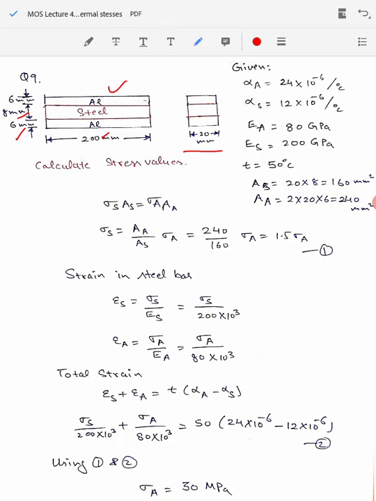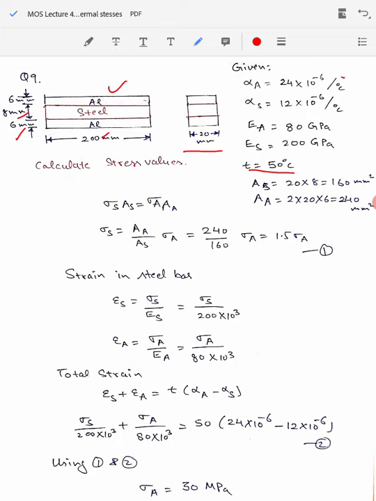So this sandwich arrangement is joined together by some kind of a fastening method. Now there is a change in temperature of, let's say, magnitude 50 degrees Celsius. We need to calculate the amount of stresses that are being generated in the steel and aluminum parts.